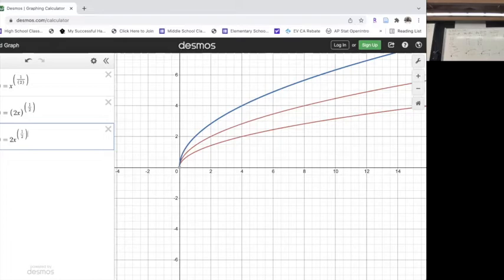So next time, if I come up with a function, g of x is equal to square root of x minus 2 plus 5, and I ask you to graph this, do you know how to graph this?